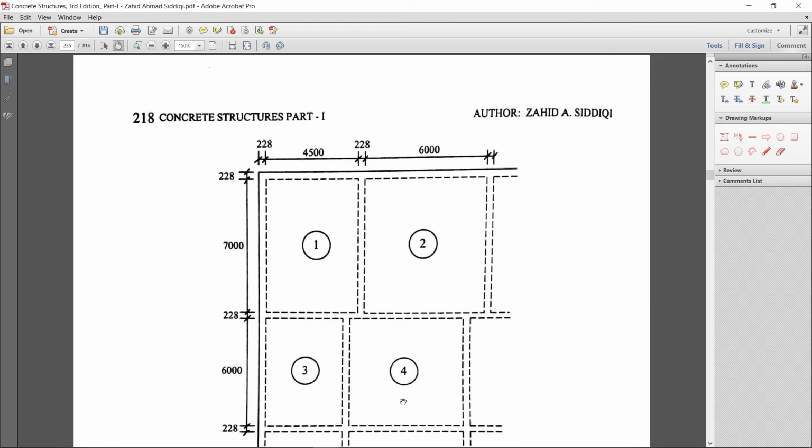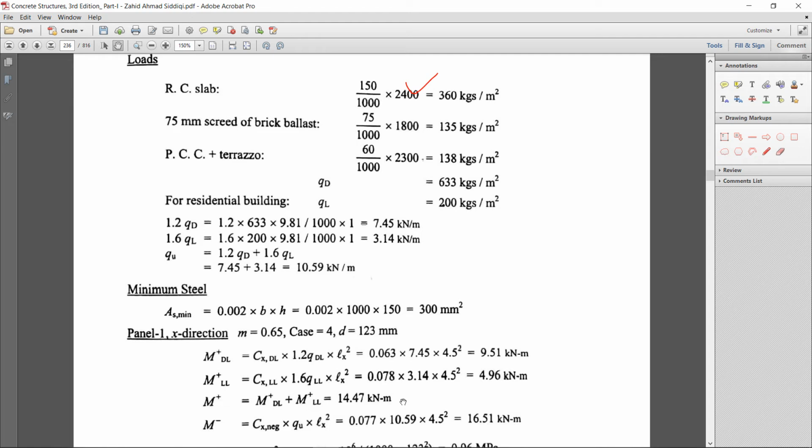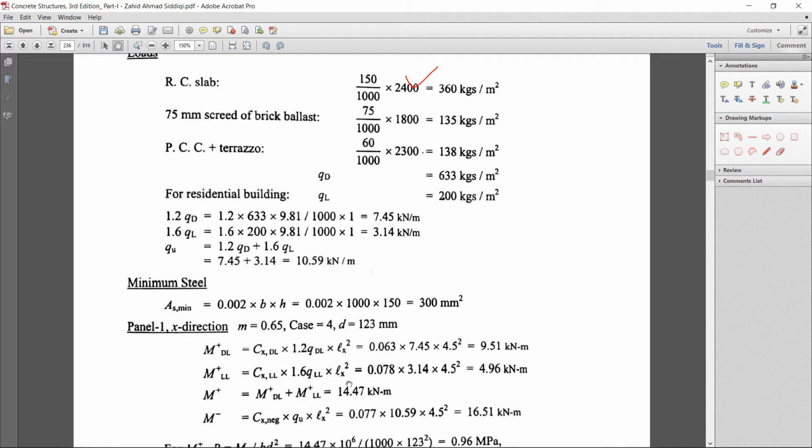So here is our total positive moment and here our total negative moment, 16.59 kilonewton meter. Now that we have the moments, we can calculate the steel.